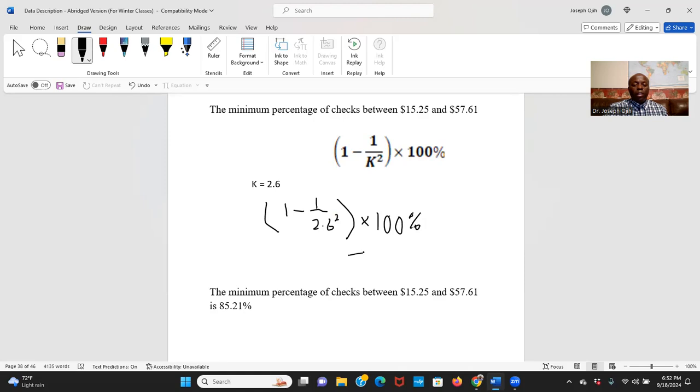And that will give us the answer we are looking for. Let me write this down. We got 1 minus 1 over 2.6 squared, times 100 percent.